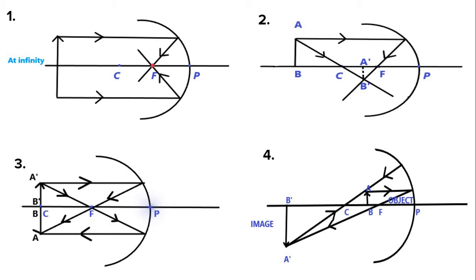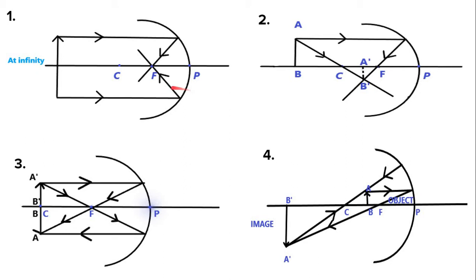So here we can say that the image is forming on the focus if the object is kept at infinity. It can be kept any distance far, then also the image will form on the focus. There are two rays coming, as I said in the rules that only two rays we make for the clarity of the diagram, and we can make more. There are infinite rays we can make.